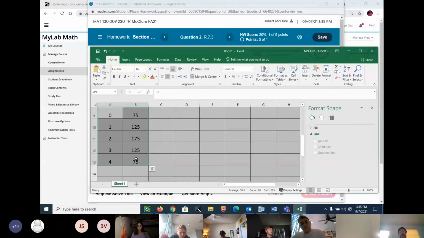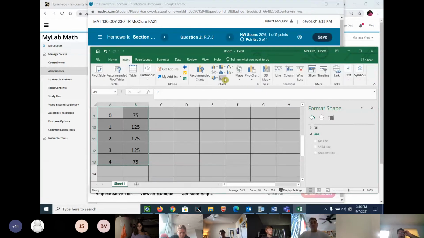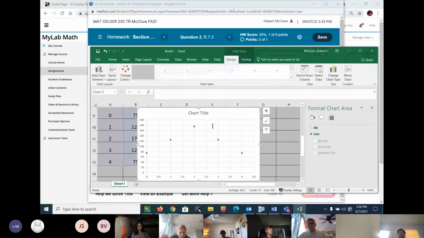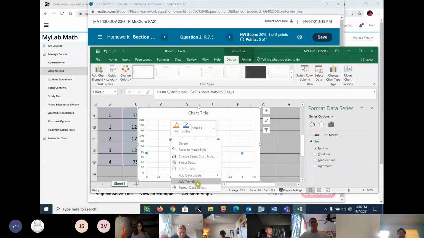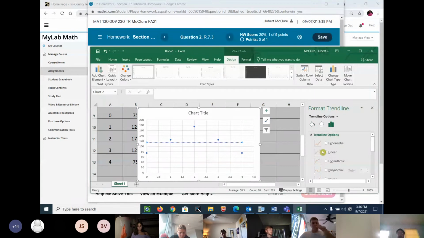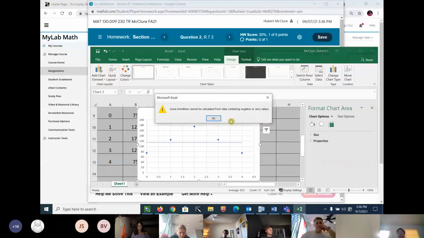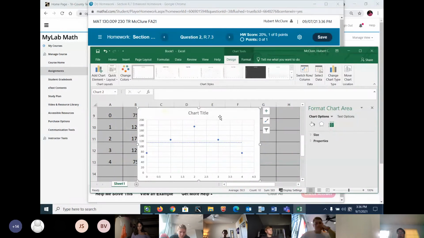And insert, scatter plot, right click, add trend line: exponential, nope; linear, nope; logarithmic, nope. Okay, let me try that again.